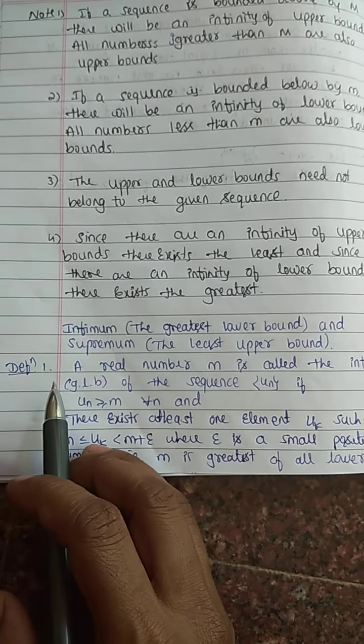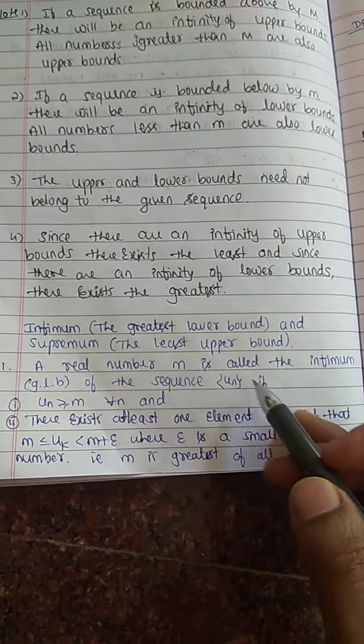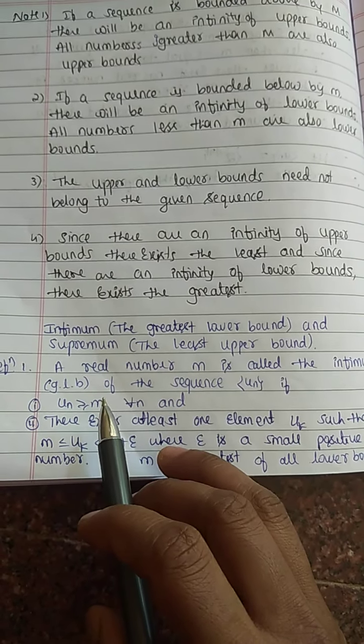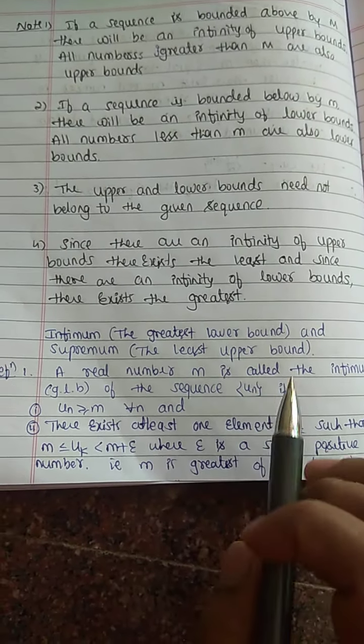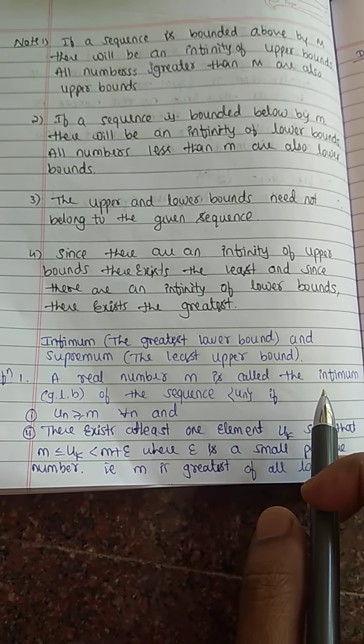Definition of infimum: a real number m is called the infimum or greatest lower bound of the sequence un if it satisfies two conditions. Infimum is nothing but the greatest lower bound.